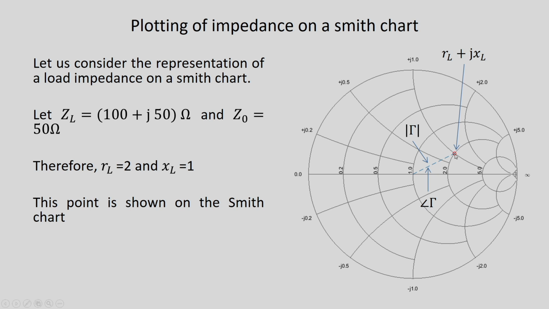So, from this point, we get a direct measure: the length of this line is the magnitude of the reflection coefficient, and this is theta or angle of the reflection coefficient.